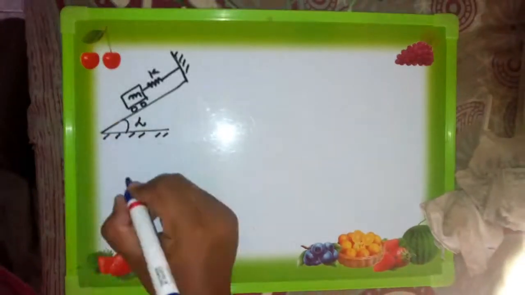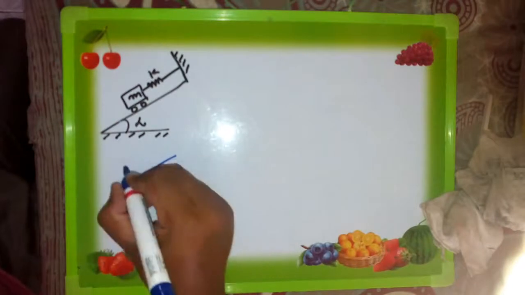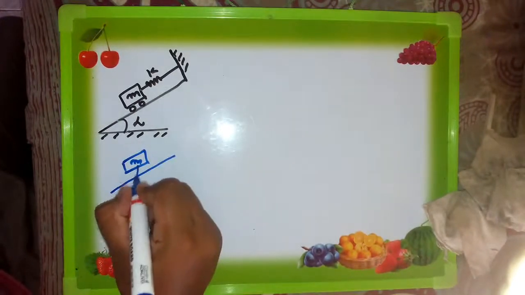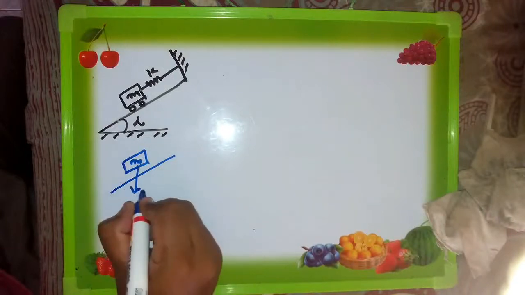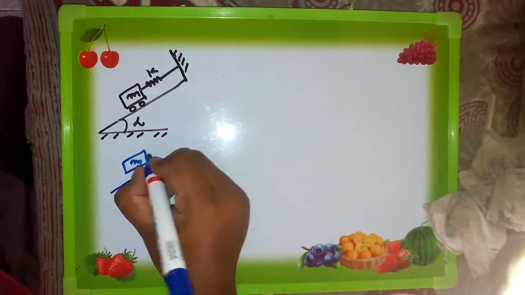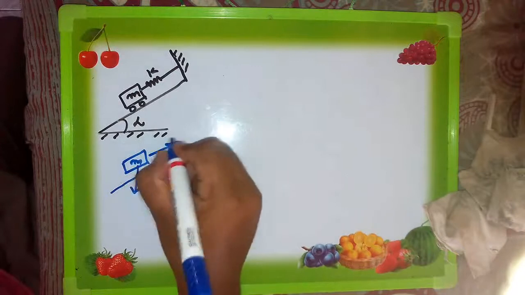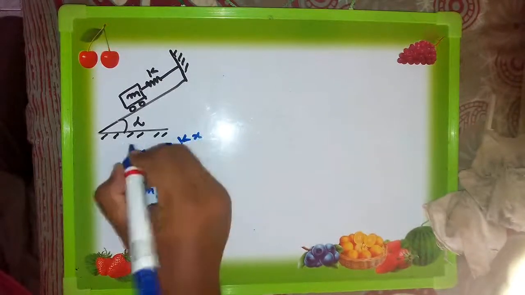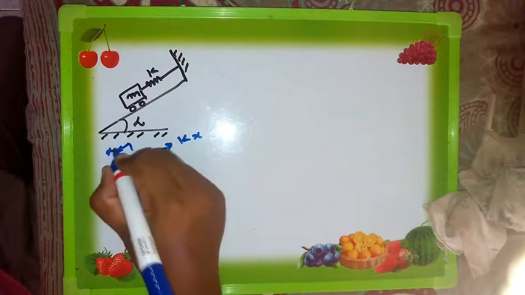Now this is a trolley of mass m, whose downward force is mass m into g, and its spring of stiffness k is connected, with k into x, let it be a displacement by x.